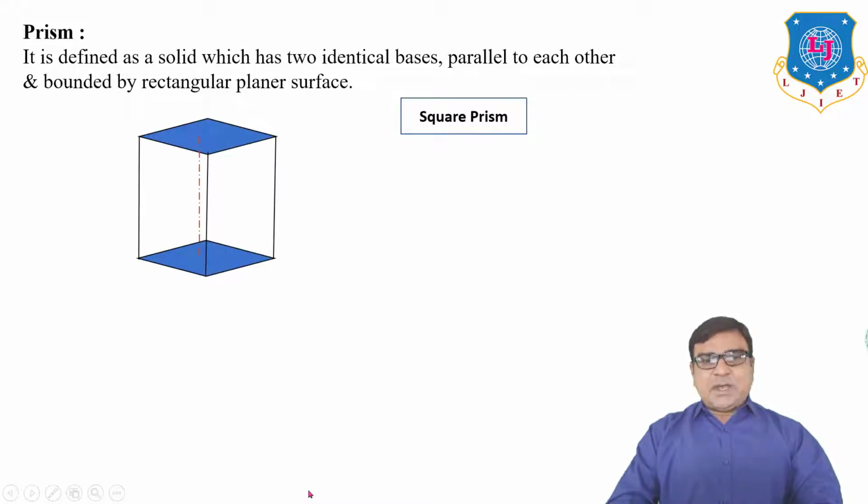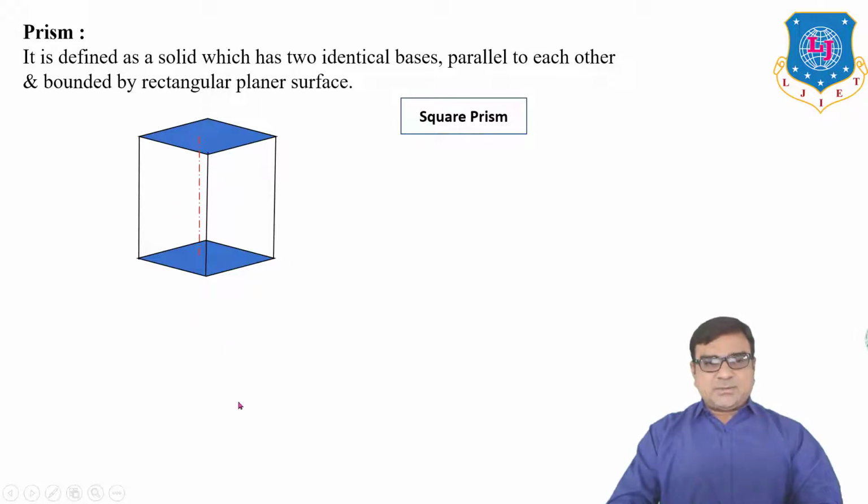Let us see square prism. So this is a solid in which the bottom surface is square and the top surface is also square. In all prisms, the base and top are same and the lateral surfaces are always in rectangular shape.